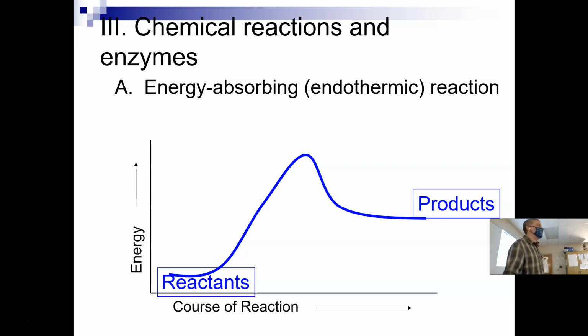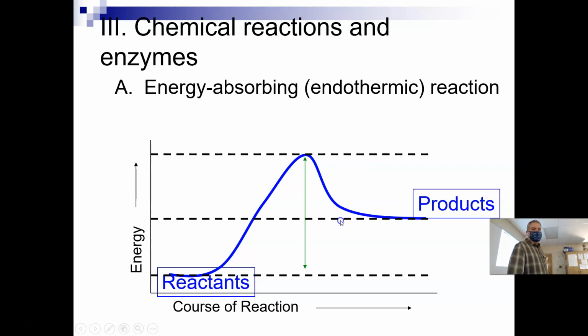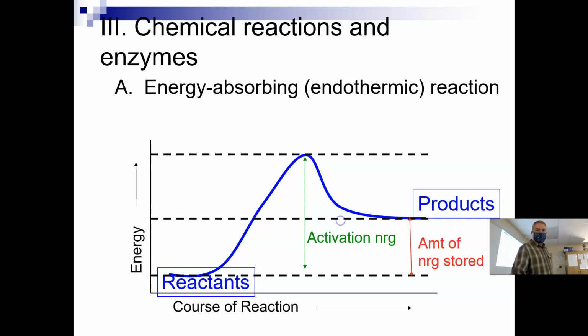The amount of energy that you need to get the reaction to go is called the activation energy. And that's very important when we start to talk about enzymes. So go ahead and draw that part. And then we'll measure the amount of energy that gets stored, which is the difference between the reactants and the product.